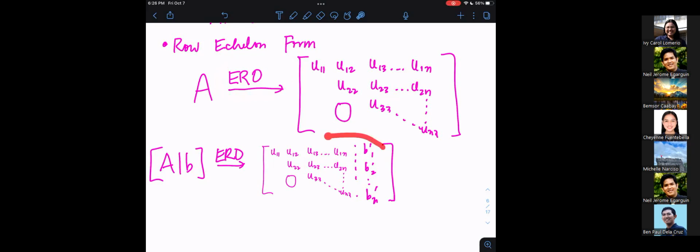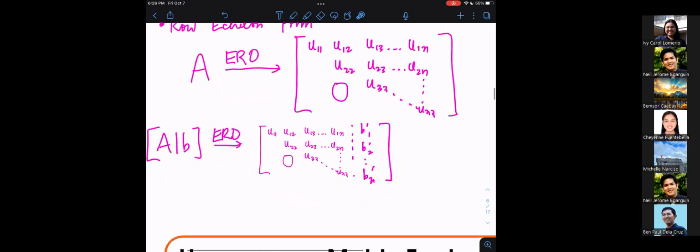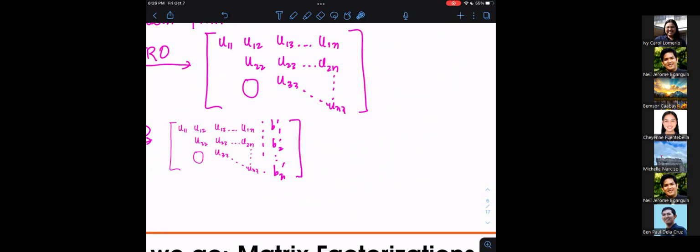This is the matrix in row echelon form that we get. Okay? And then, after we have transformed the matrix A into an upper triangular, and we have made appropriate transformations on the right-hand side elements, we can now solve the system via back substitution, okay?